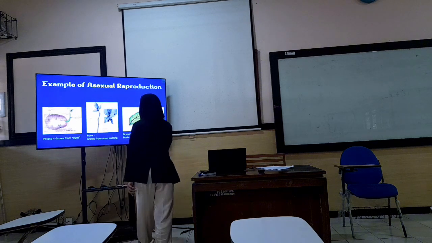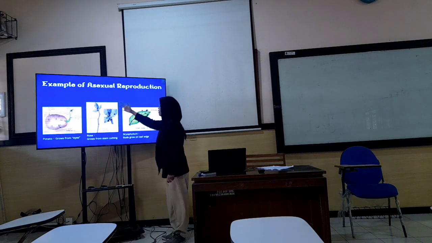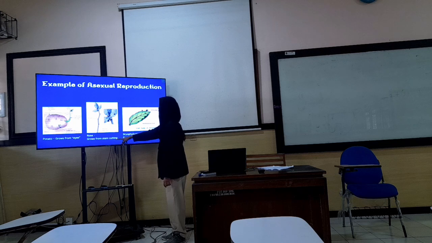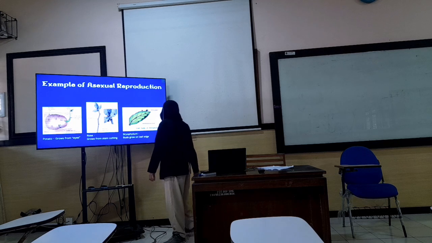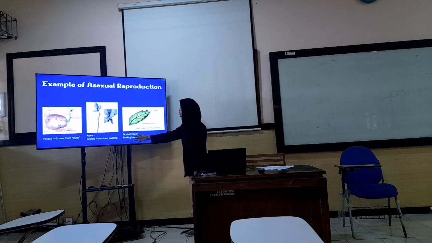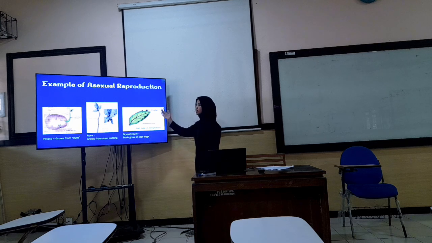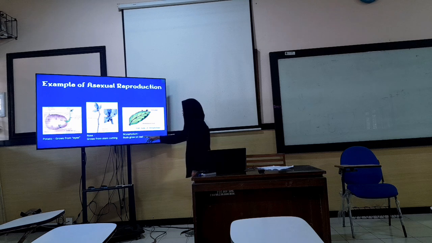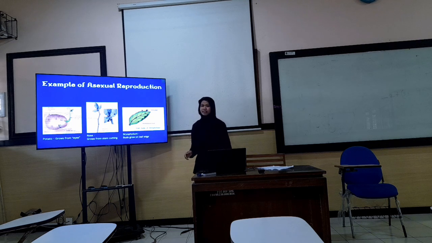And here rose. So rose grows from stem cutting. I've explained it before. And here bryophyllum is vegetative propagation because plants grow on leaf edges. Okay, understand everyone? Understand, Miss.